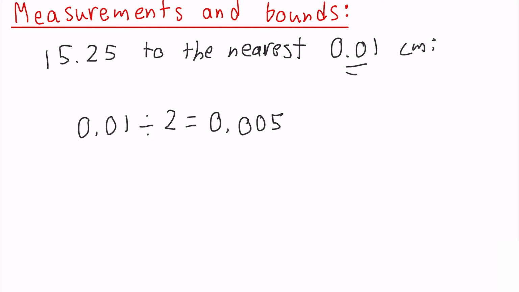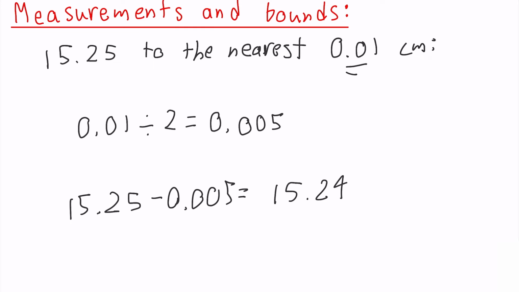So we do 15.25 minus 0.005, which equals 15.245, and that is the lower bound.